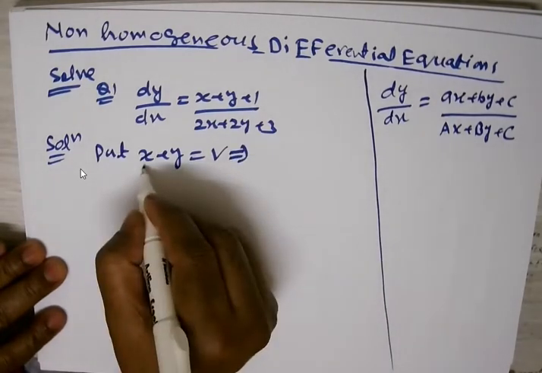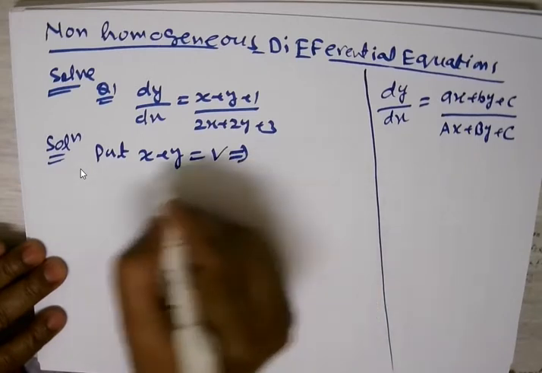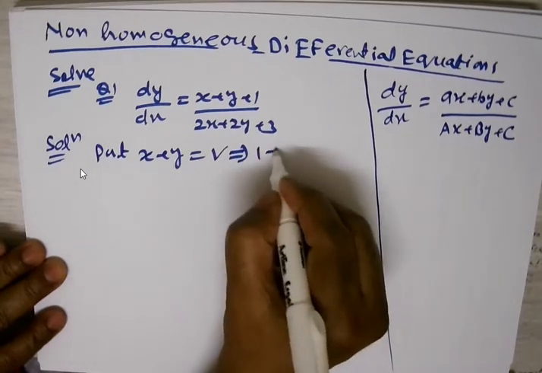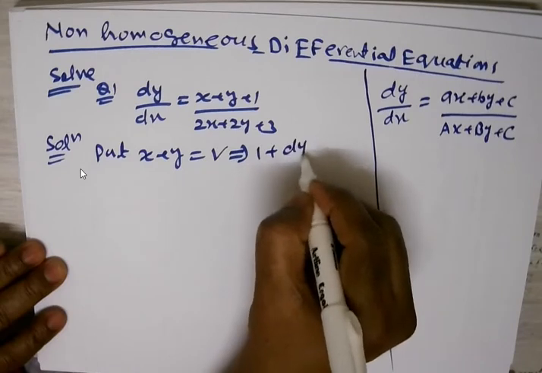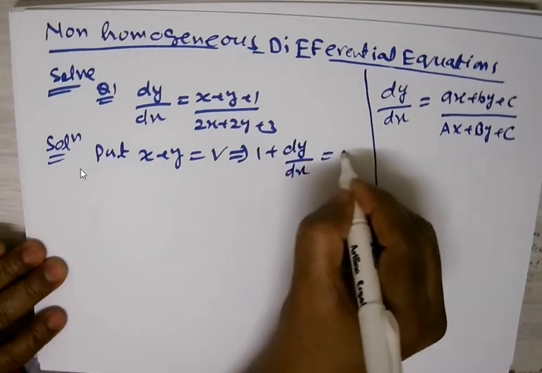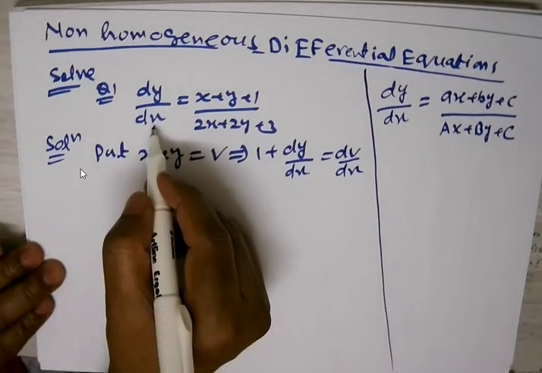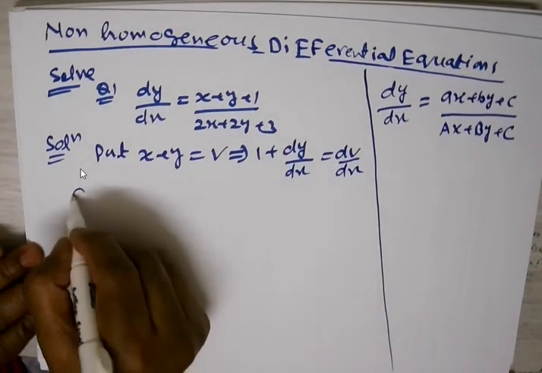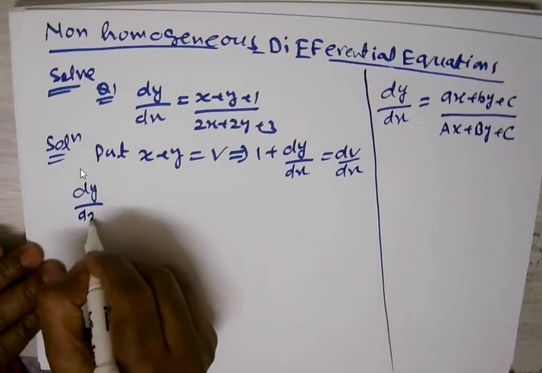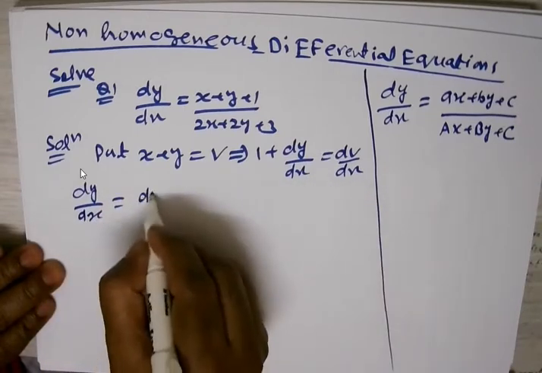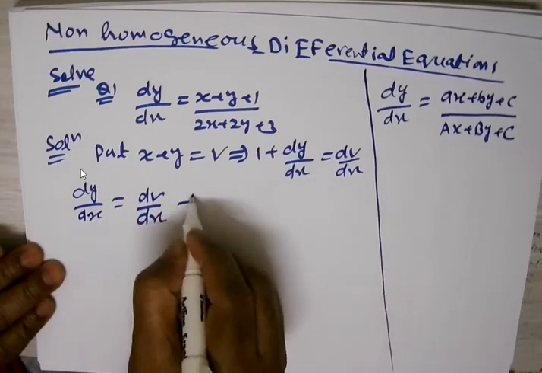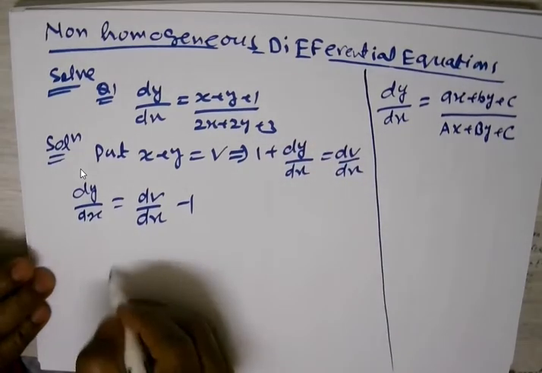So d/dx of x is 1 plus d/dx of y, meaning dy/dx, equals dv/dx. Because dy/dx is given, write the value of dy/dx from here. So dy/dx is dv/dx minus 1. Now substitute this.